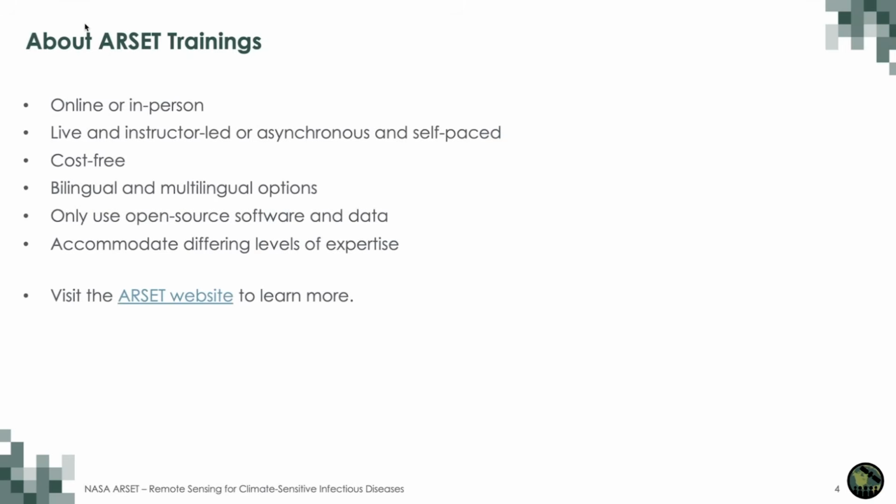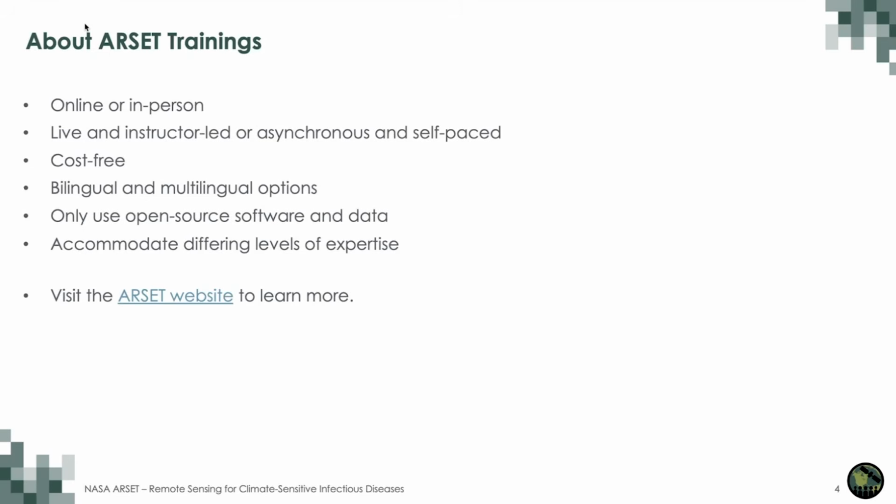ARSET provides trainings both online and in person. Our online trainings are delivered in two formats: live and instructor-led, like today's training, or asynchronous and self-paced. Like NASA's free and accessible data, all our trainings are offered at no cost.